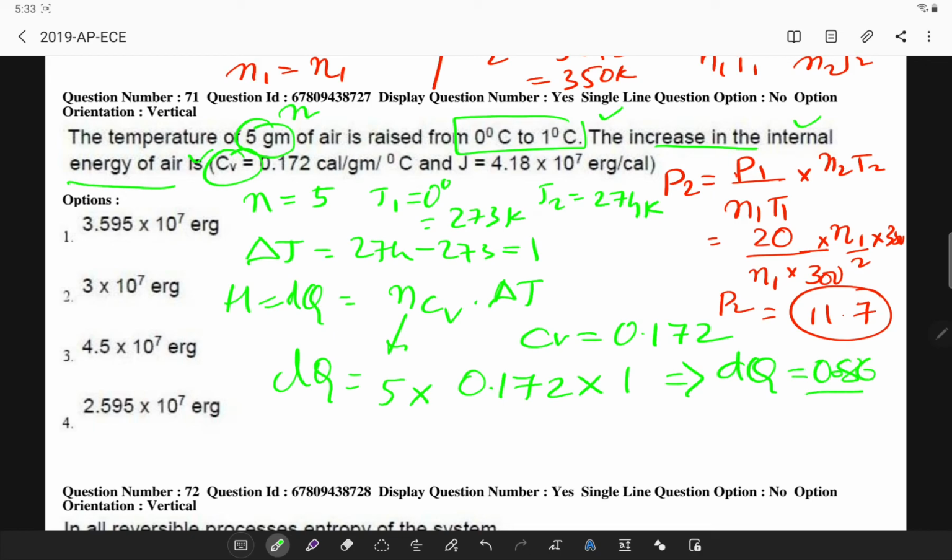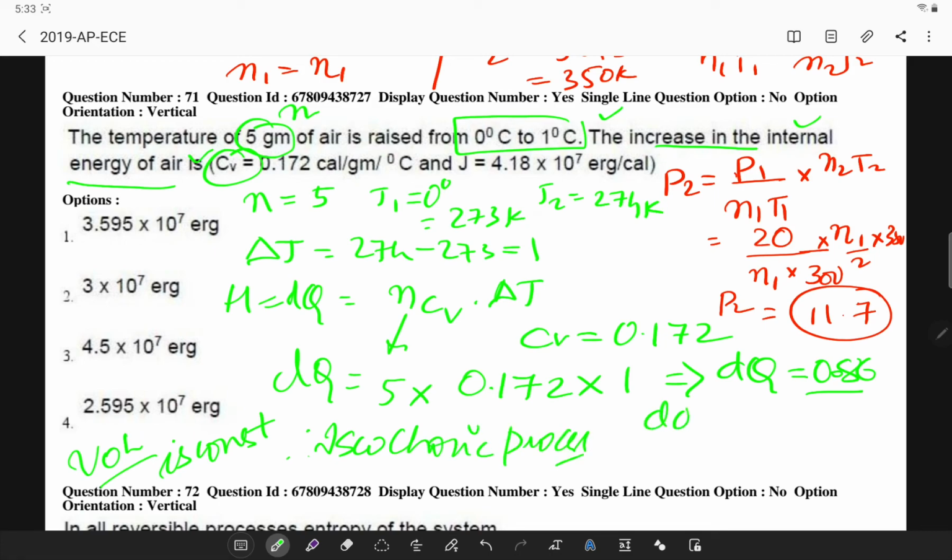This is the first step. Here if you observe, volume is constant, therefore it is an isochoric process. So dQ will be equal to dU.